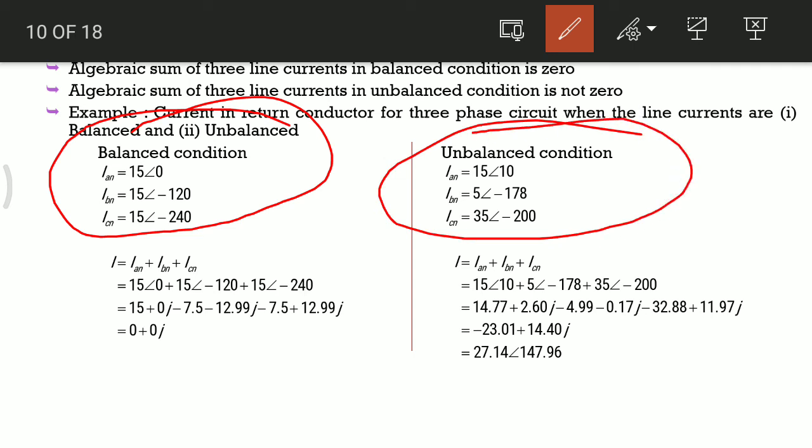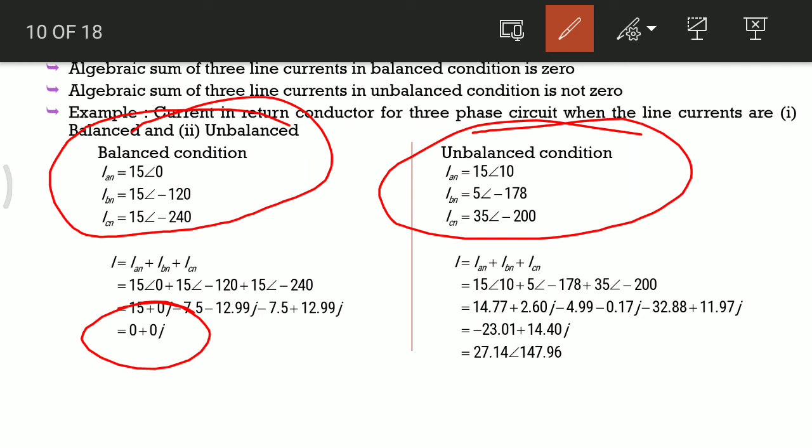In balanced current, if we take the summation of all this current, I is equal to IAN plus IBN plus ICN. Convert all from rectangular to polar, and at the end you get the final algebraic sum. This is not the simple summation, it is the algebraic summation. So in balanced condition you get 0 plus 0j.